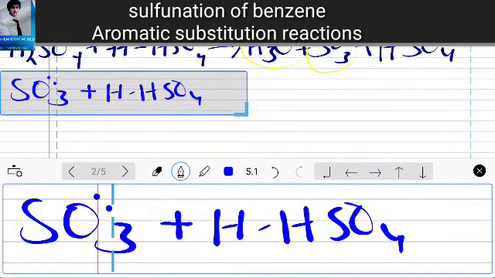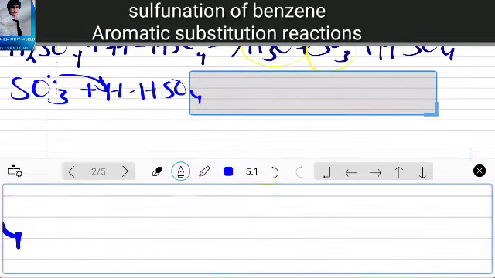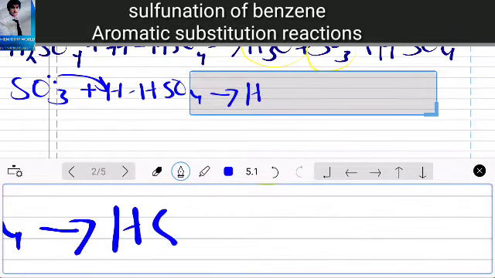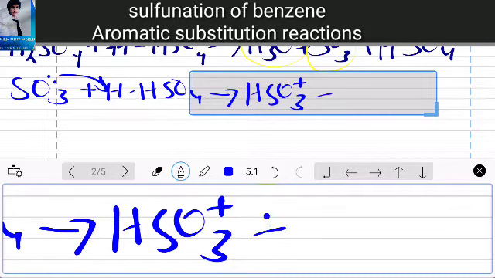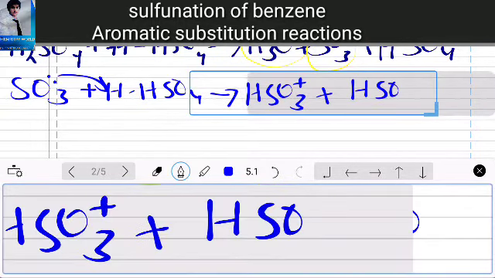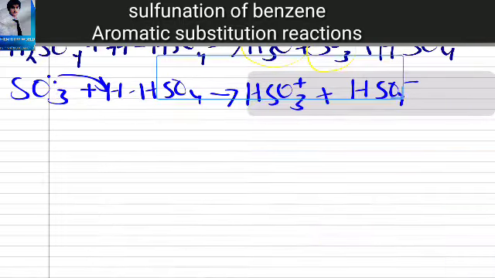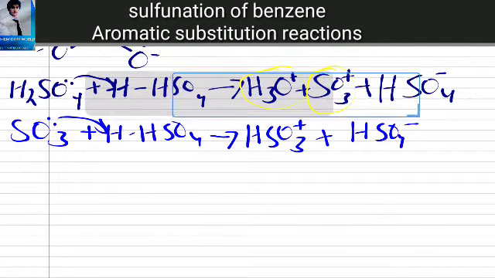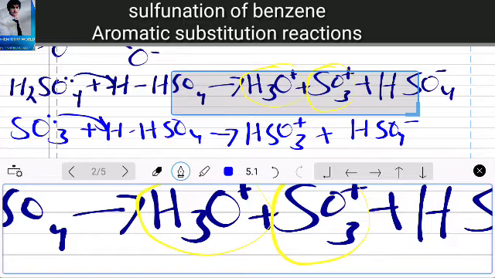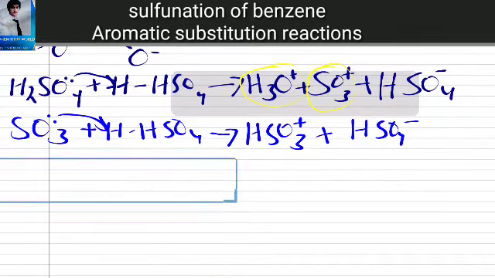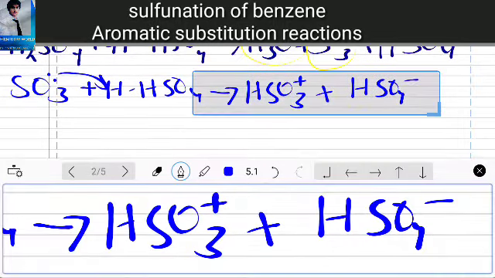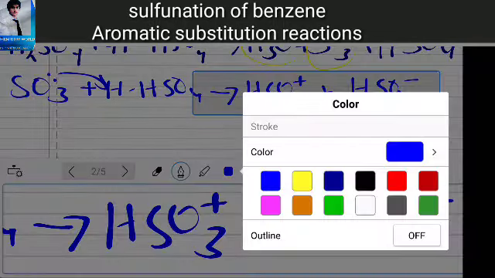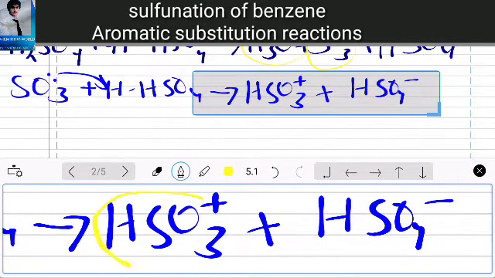The electron pair on the oxygen attacks on H of the H2SO4 and becomes HSO3 positive plus HSO4 negative. So in the second method our electrophile is HSO3 positive.